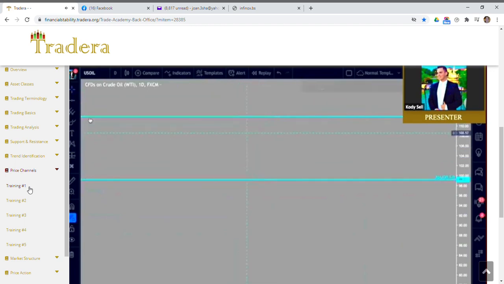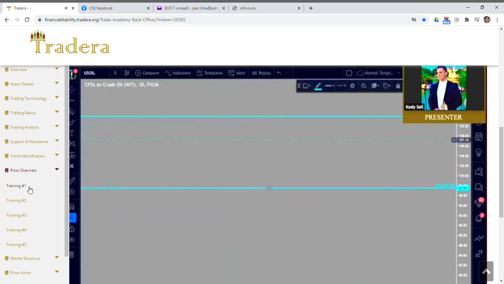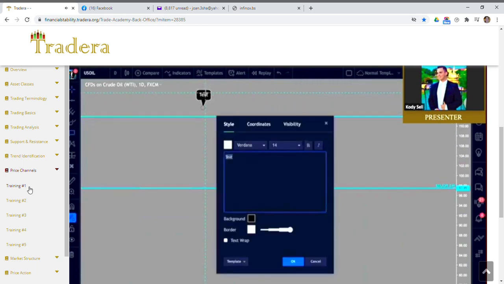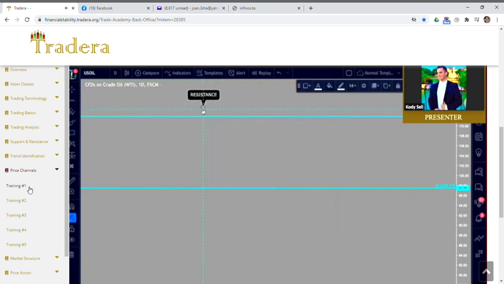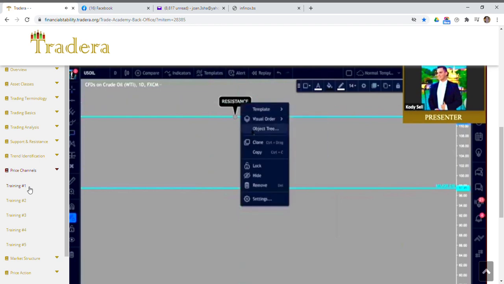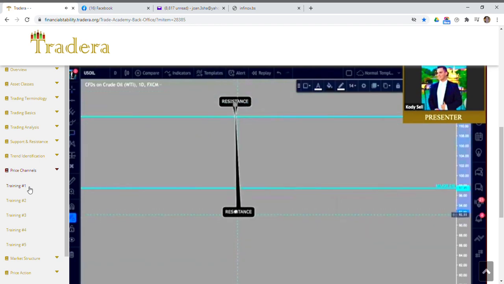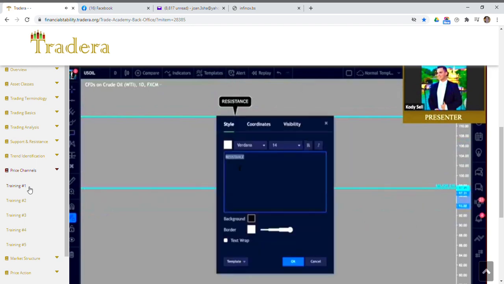So let's get these identified here. Here is our resistance in the market. Let's pull this through right here. And then let's clone this, bring it down. Here is our support right here. So this is our support.